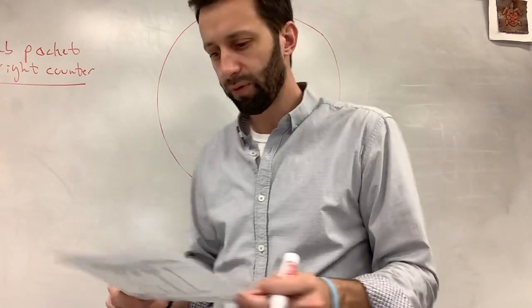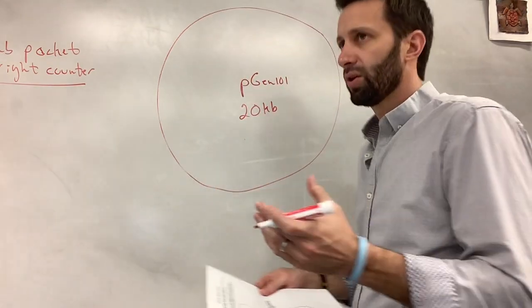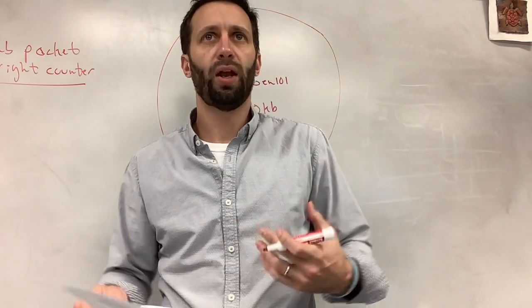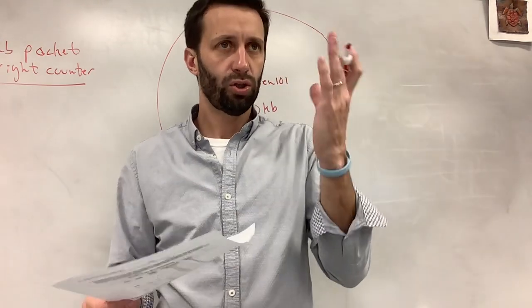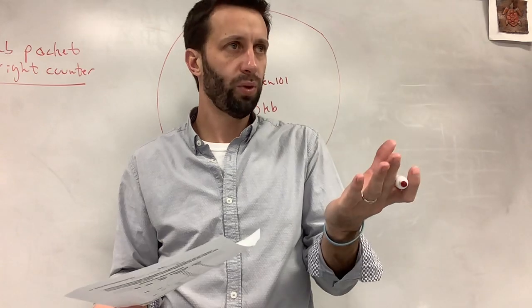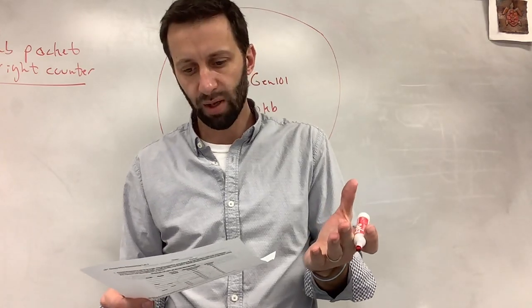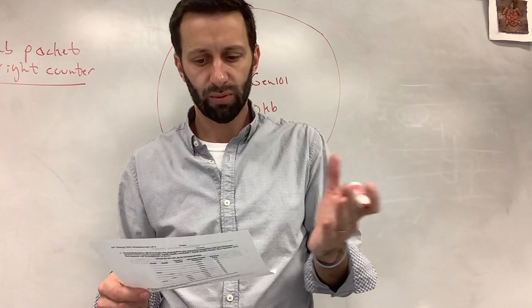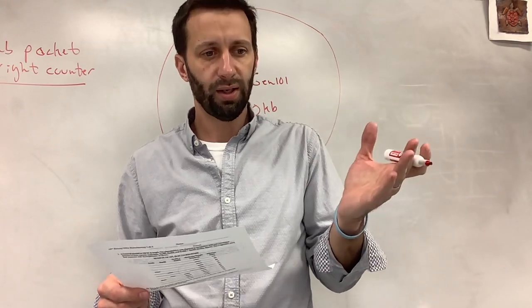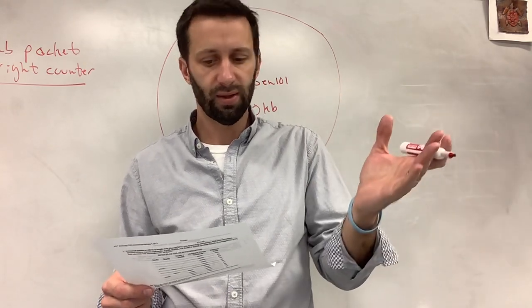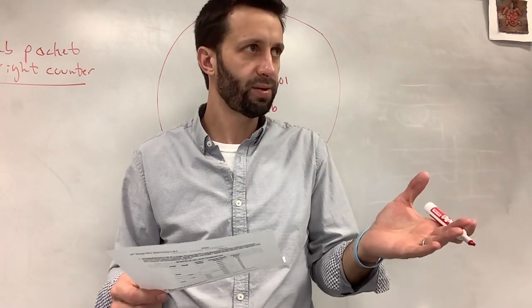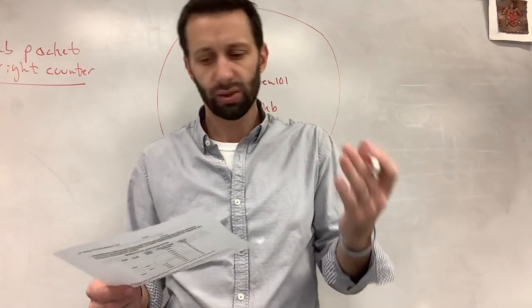So at 3 different places with this enzyme. Remember, restriction enzymes are engineered by the bacteria to cut DNA at a specific sequence. So it just so happens that BamHI, which I'm going to call BamHI for short, recognizes that sequence at 3 different places on this plasmid. Does that make sense?